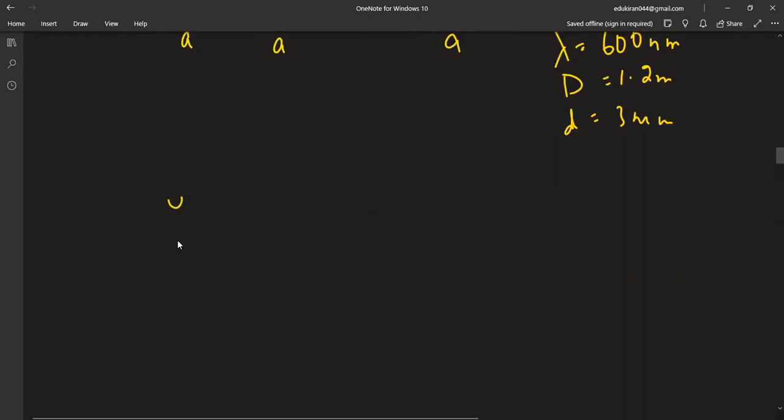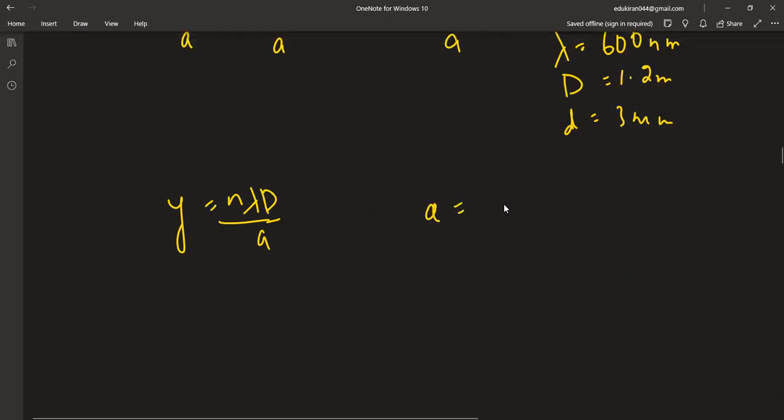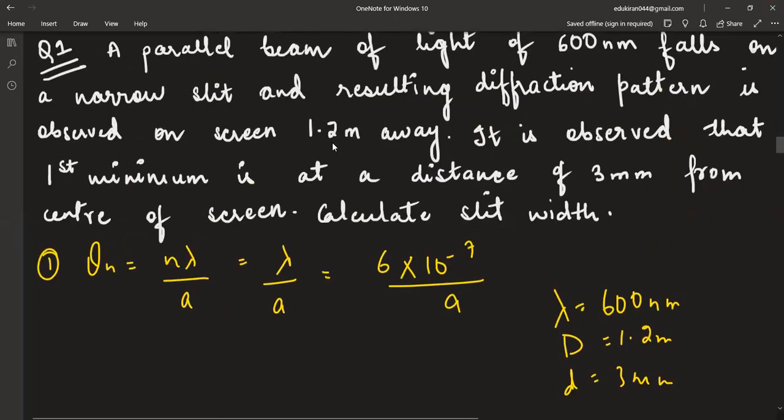So y is equal to n lambda capital D by a, and a is what we have to find out. The rest of the things are already mentioned: n lambda capital D by y. This is 1.2 given, this is 3 millimeters given, this is 600 given, and the first minimum is already mentioned.